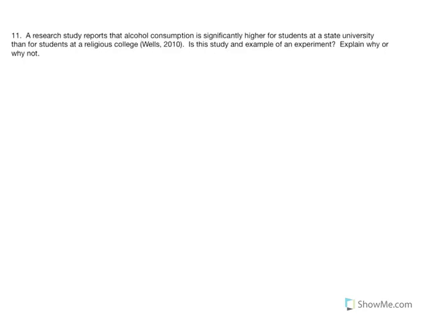Okay, next one. A researcher study reports that alcohol consumption is significantly higher for students at a state university than for students at a religious college. Is this study an example, sorry for the typo, it should be an example of an experiment? Explain why or why not. Okay, so again, is this an experiment?